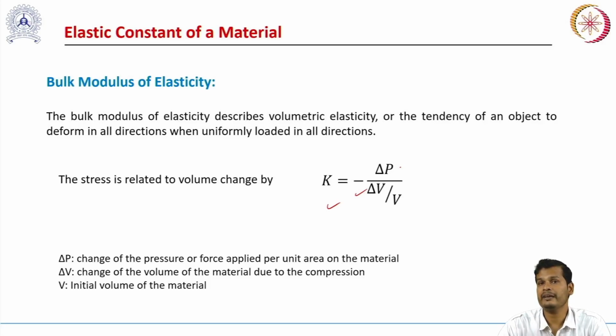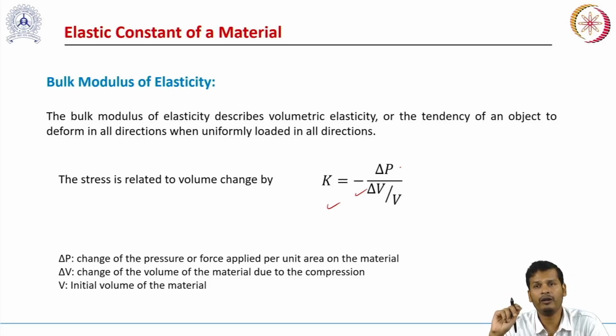For example, if we have bodies submerged inside water, the forces are applying on the body from all directions. How the volume of the body is going to change when the forces are applied from all directions is controlled by the bulk modulus of elasticity.